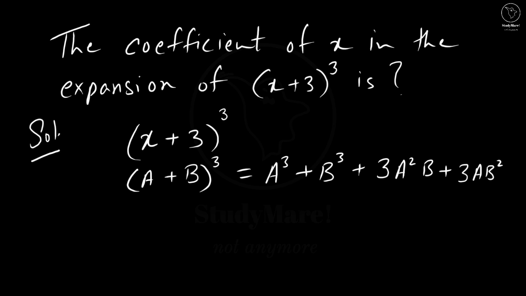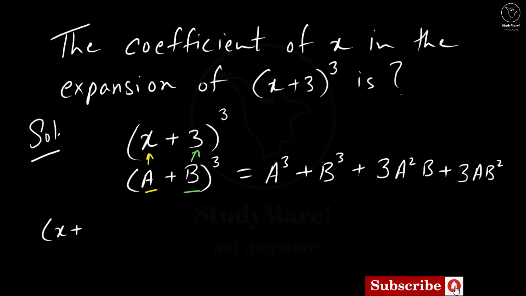Now here a is x and b is 3. Just use the identity, expand, substitute x in place of a and 3 in place of b. Let's see what happens.